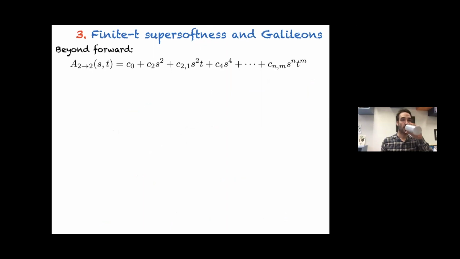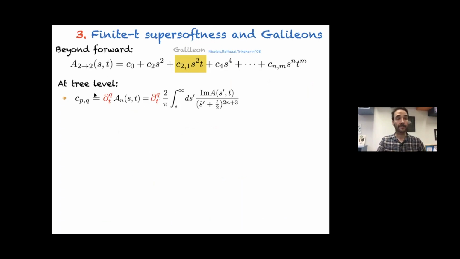The story that I've been presenting to you so far in the forward limit can be extended also beyond the forward limit. In particular, at tree level now, the amplitude becomes a polynomial in S and T. And one piece of this, which is particularly interesting, is the Galilean term, the coefficient of S squared times T in this amplitude.